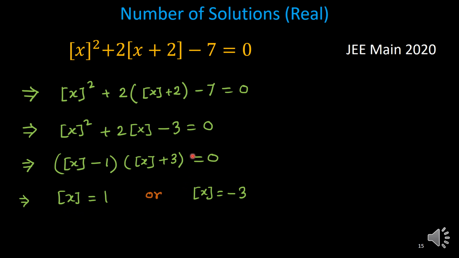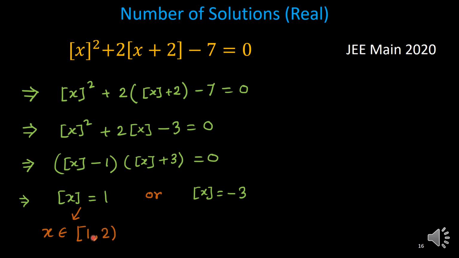But don't make any mistake. You can't say that the number of solutions of this equation is 2, because a solution means a solution for x, not a solution for the greatest integer value of x. The greatest integer value of x should take 1, or it can take minus 3. So what is the x value here for this one? The greatest integer value of x equals 1 for the interval 1 to 2, because at 1 it is 1, at 1.1 it is also 1, at 1.5 it is also 1, all the way till 2.